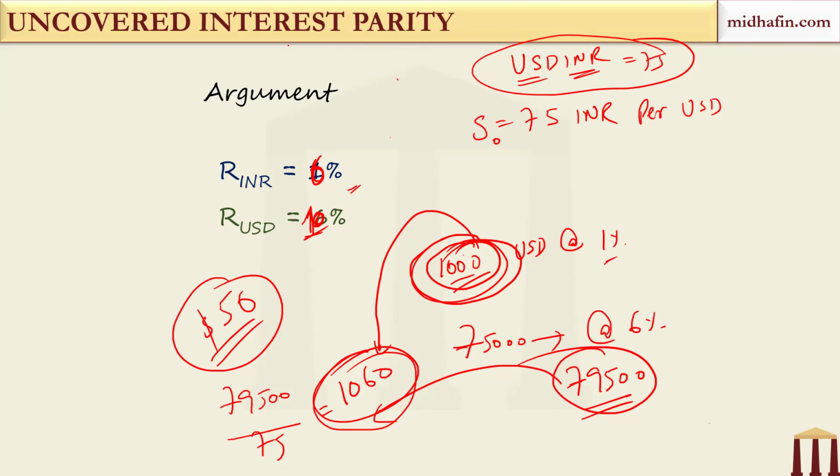So that when the investor converts this 79,500 back to dollars, the investor should get much less than 1,060. Got it? So exchange rate has to increase. The value of dollar has to increase. So rupee has to depreciate. That is the whole idea. Okay, fine.